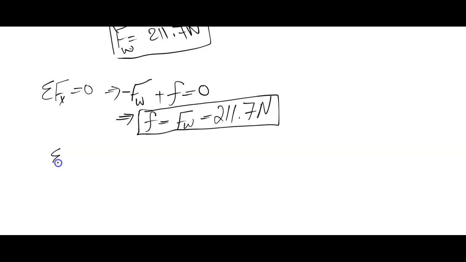So we have our first piece to find the coefficient of friction, and the last condition we have is that the sum of the forces in the y direction has to be 0.